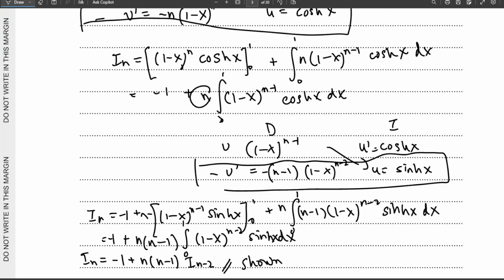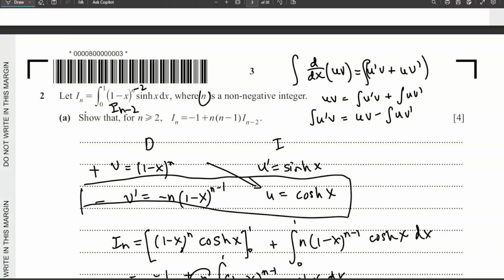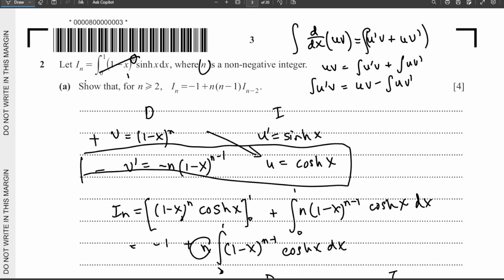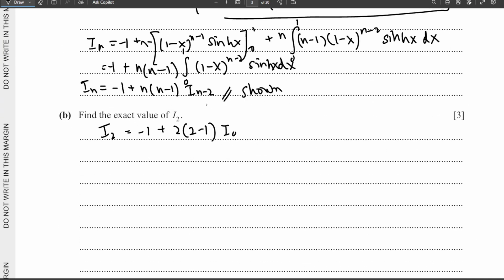And for I_0, let's look at our integral here. This power 0 means this entire term becomes 1. Anything to the power 0 is just 1. And so we are left with, this reduces to 2, and we integrate from 0 to 1 just a hyperbolic sine function.